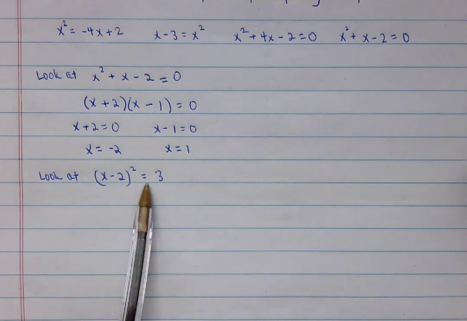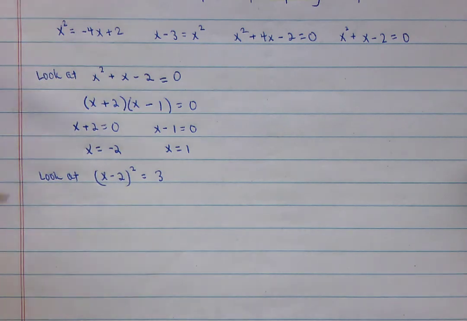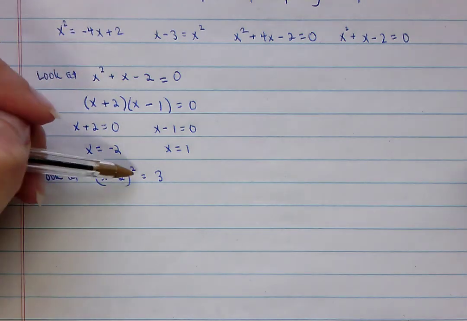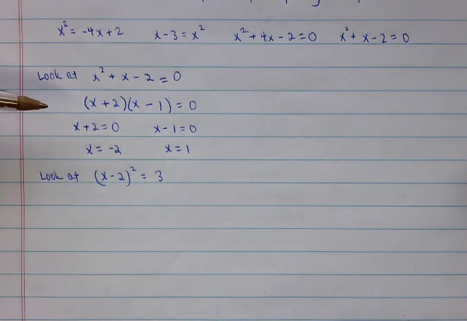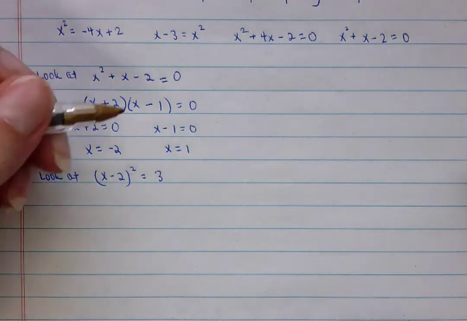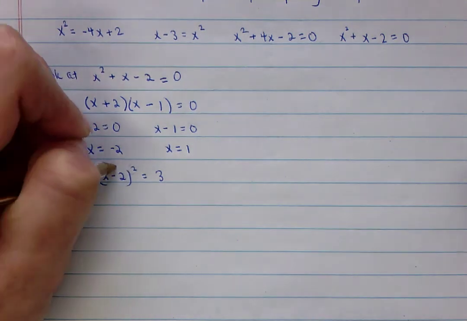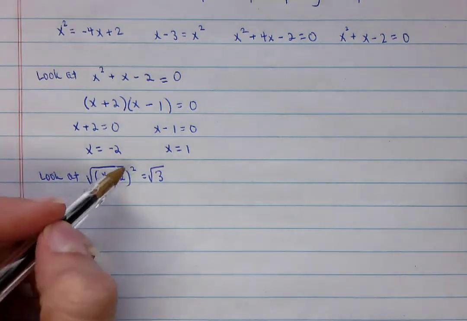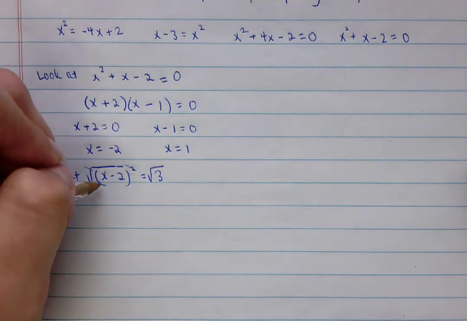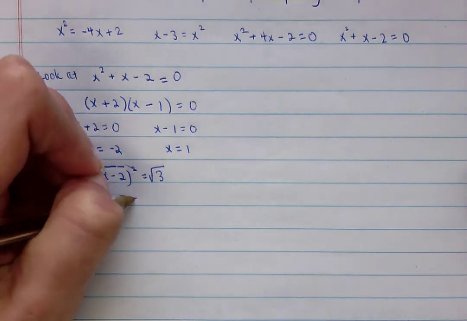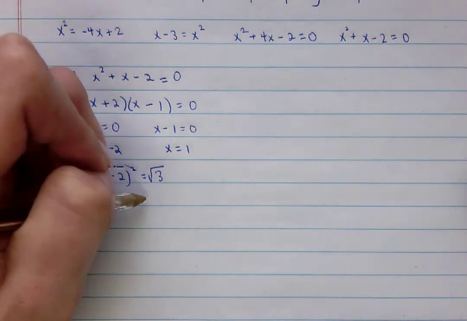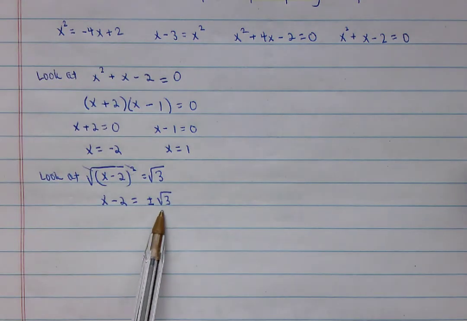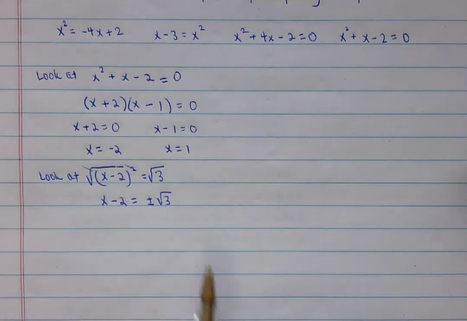So when you saw these in your book, what we learned is that you can take the square root of both sides to undo this square right here. And then by doing that, those would undo each other, and then you would have what's left underneath, which is x minus 2. This would be plus or minus √3. Just recall, when you take the square root of something, you have plus or minus.